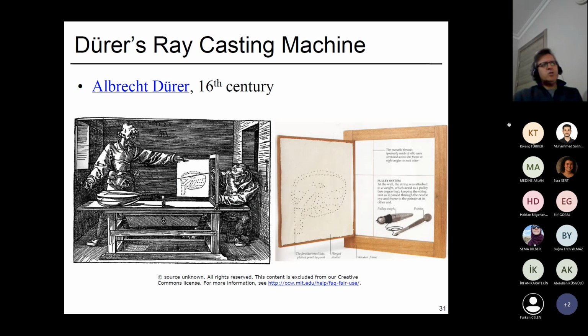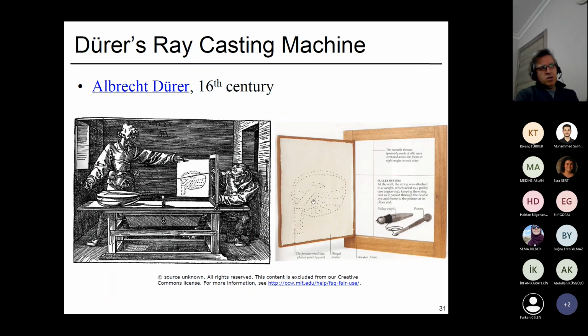So this is good. Actually, this raycasting machine has been used in the past. One of the people who used this in the 16th century was Albrecht Dürer.